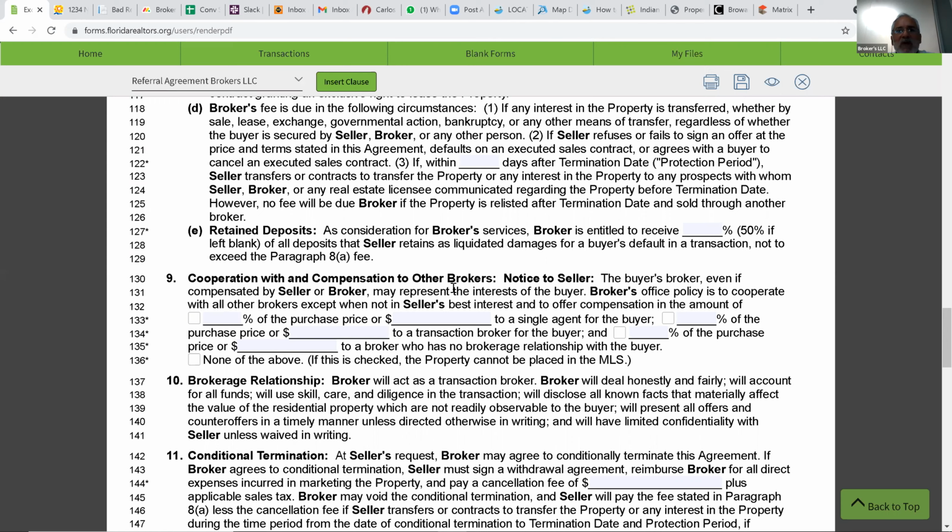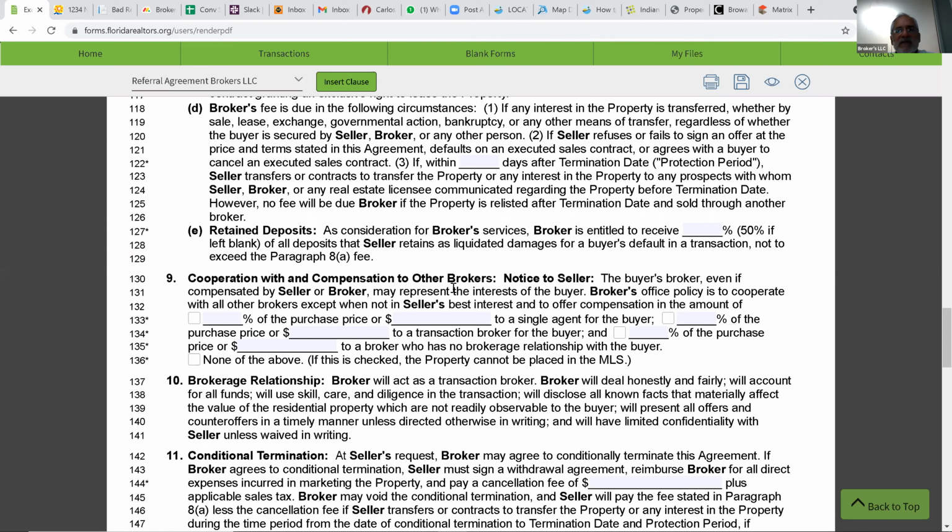This fee will be due to the broker. Let's read it out loud. The first option right there: if any interest on the property is transferred, whether by sale, lease, exchange, governmental action, bankruptcy, or any other means of transfer, regardless of whether the buyer is secured by the seller.